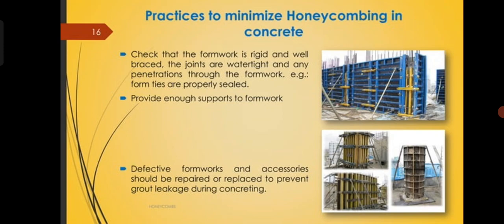Check that the formwork is rigid and well braced, the joints are watertight, and any penetration through the formwork, for example form ties, is properly sealed. Provide enough supports to the formwork. Defective formwork and accessories should be replaced or repaired to prevent grout leakage during concreting.